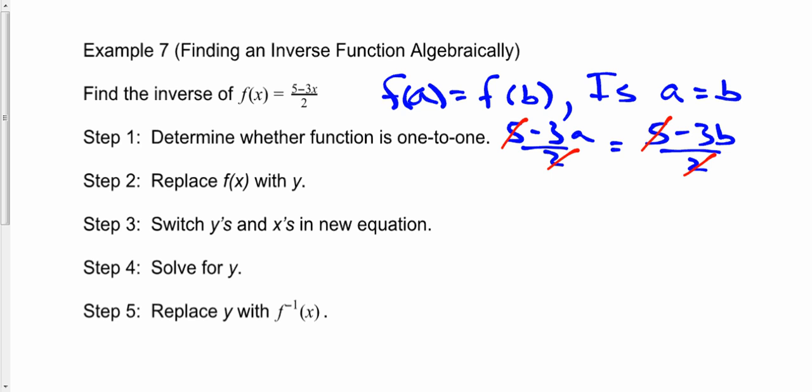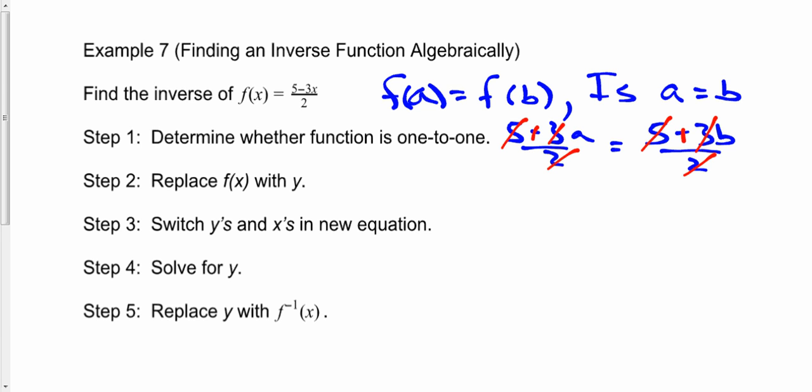Sure I can. I just got to make sure I do it to both sides, right? Boom, boom. Divide by 3, both sides. Can I do it, Keely? Boom, boom. Does A equal B? Check. Yes, it does. So, is this a one-to-one function? Dawson? Yes. All right.